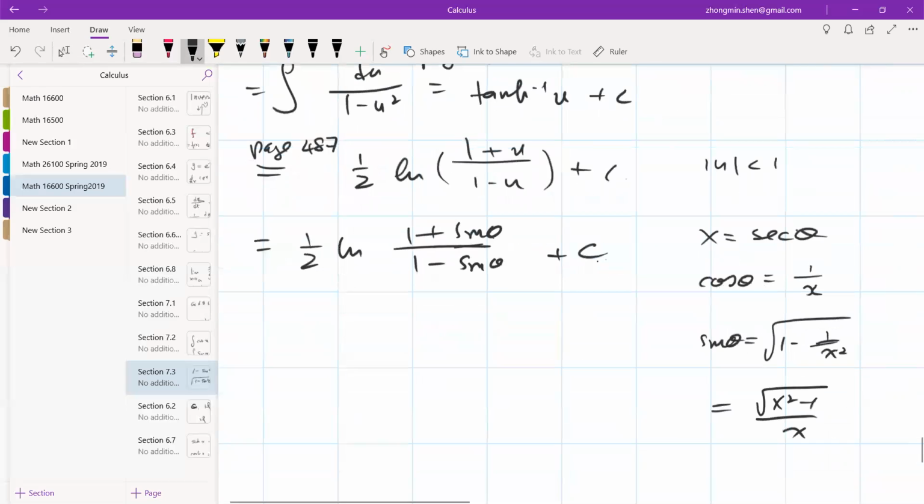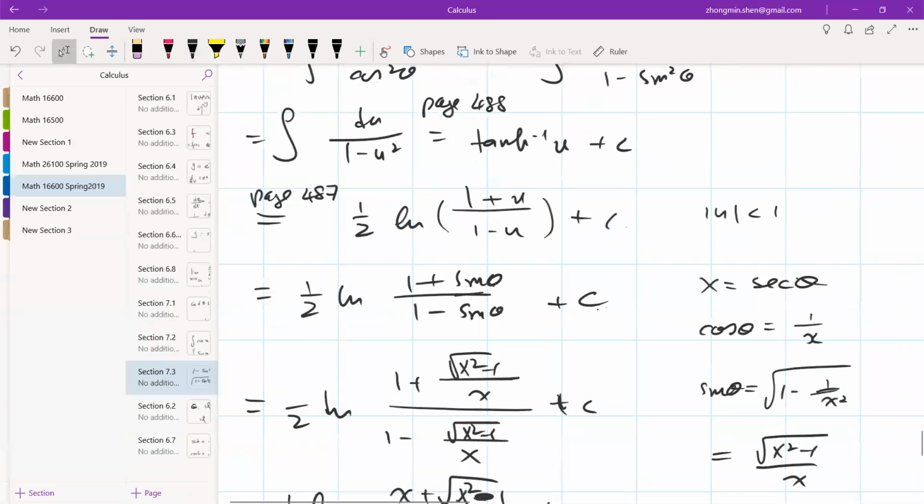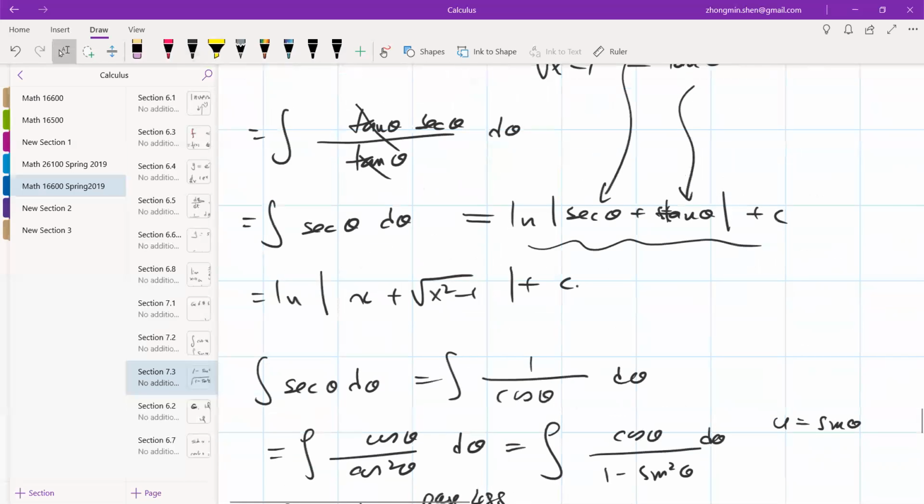Then you put it into the formula here, it is going to be 1 plus and 1 minus. Then you simplify it, you get x minus and x plus. This is a version slightly different from the one we obtained using the formula. Here is just a simple formula without 1/2 in front of the natural log.